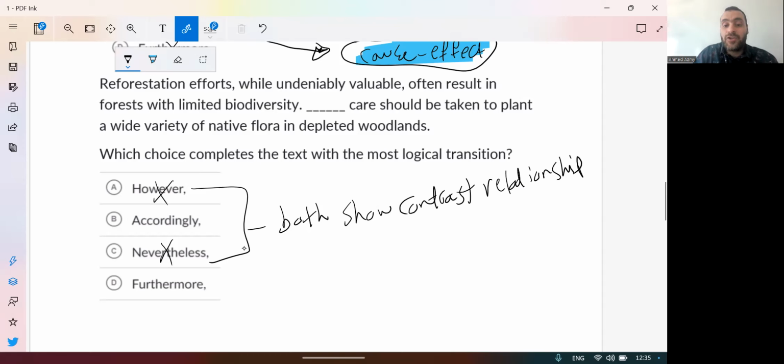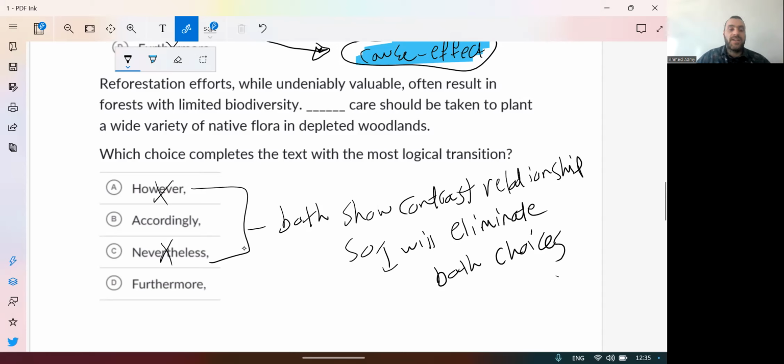That's why I will eliminate both choices. I still have accordingly and furthermore.